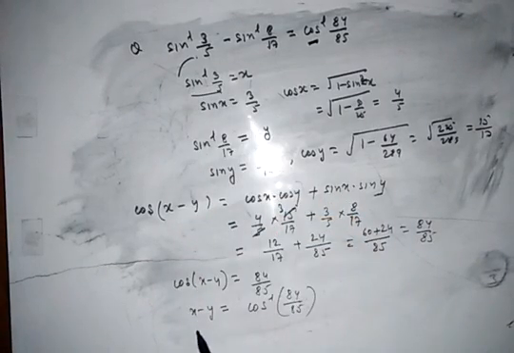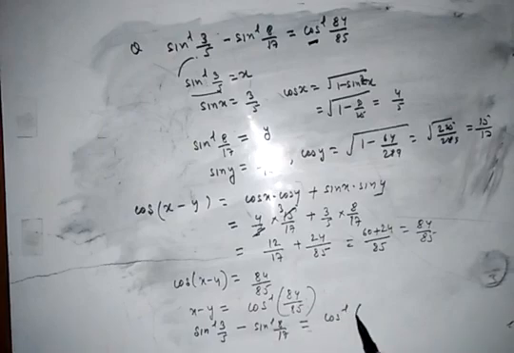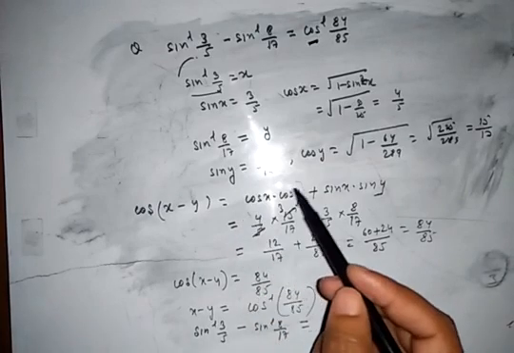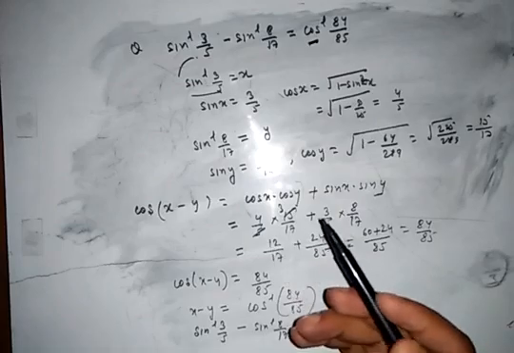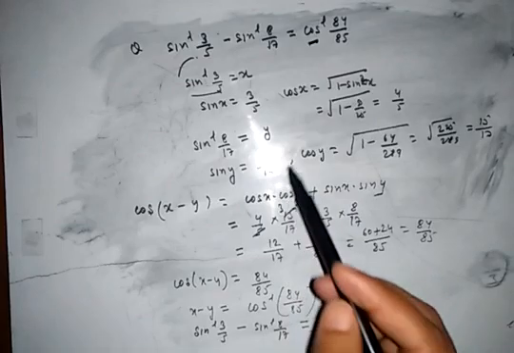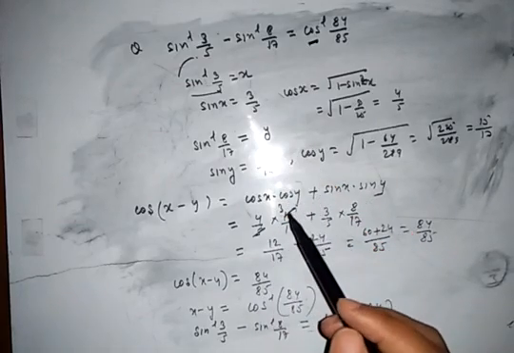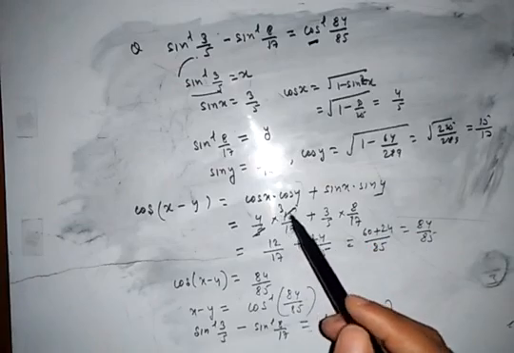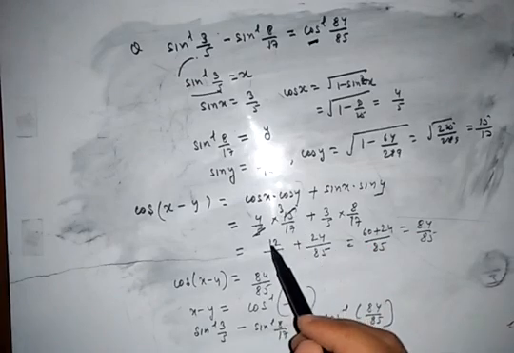So you can say here sine inverse 3 by 5 minus sine inverse 8 by 17 is equal to cos inverse 84 by 85. So this is proved. These types of questions are generally asked, and this is a formula-based question. You can apply the basics of trigonometric equations and you will solve it.